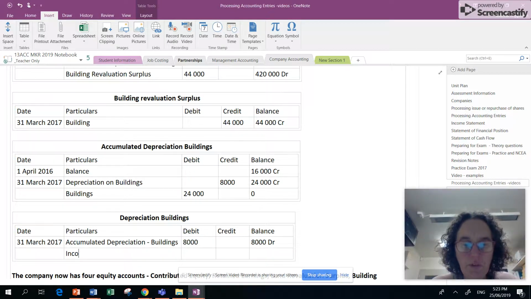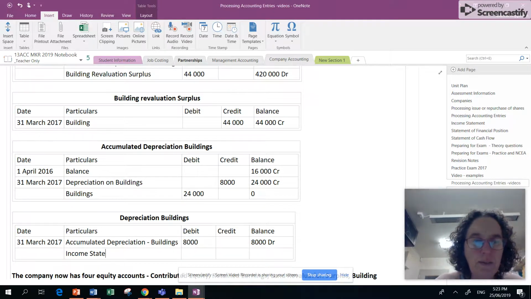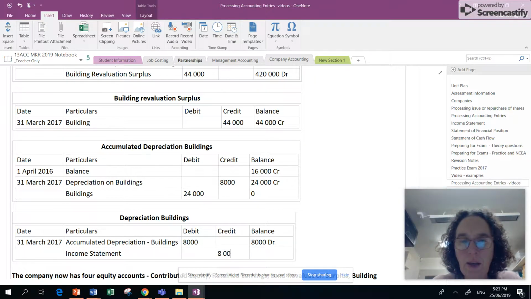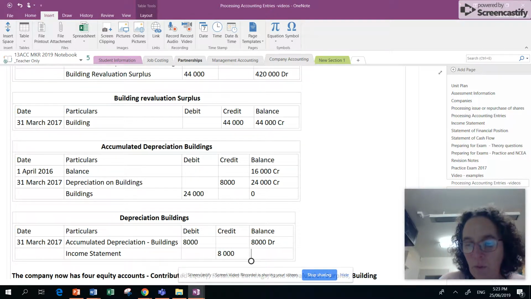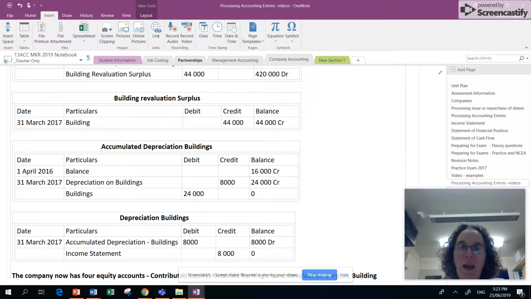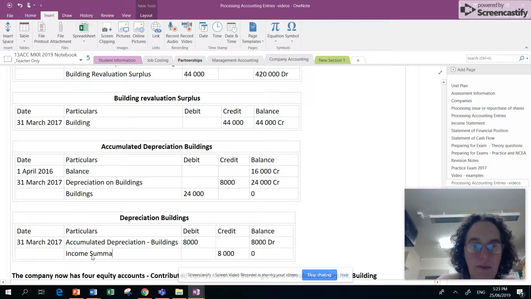Depreciation is an expense, and it gets closed off on balance day to the income summary account, and so it is at zero. All our income and expenses get closed off to the income summary account at the end of the year.